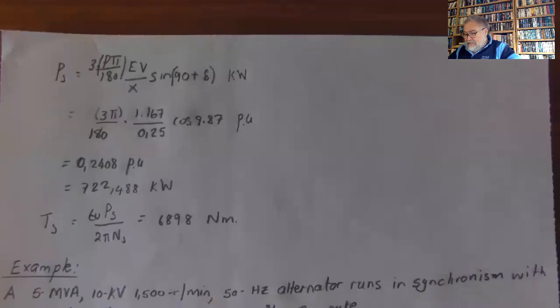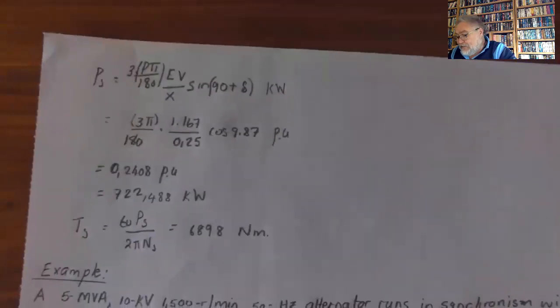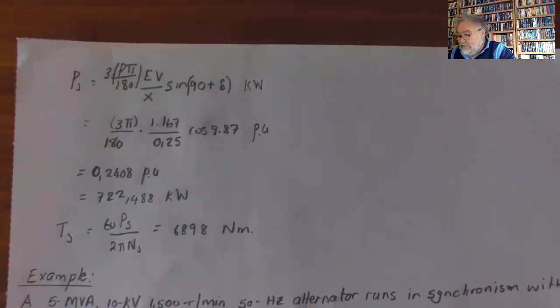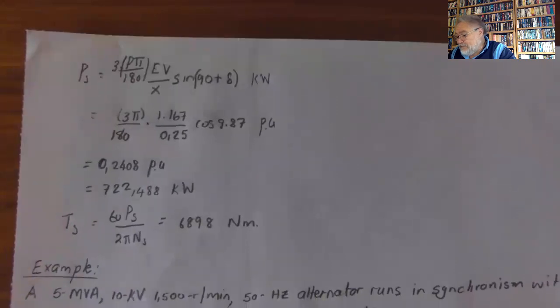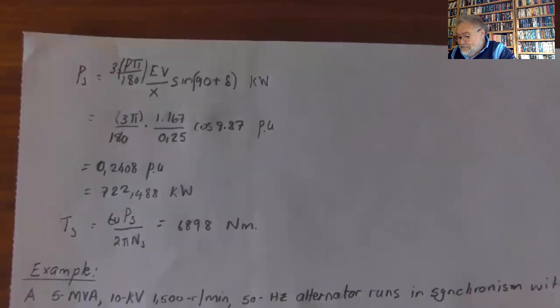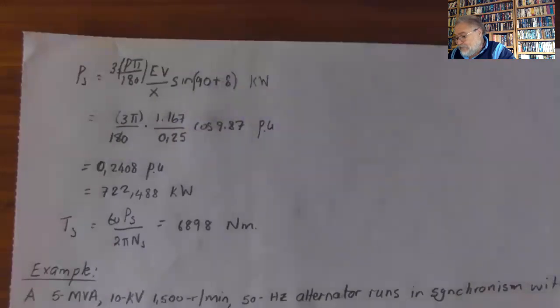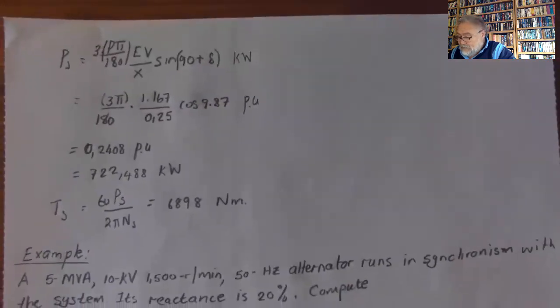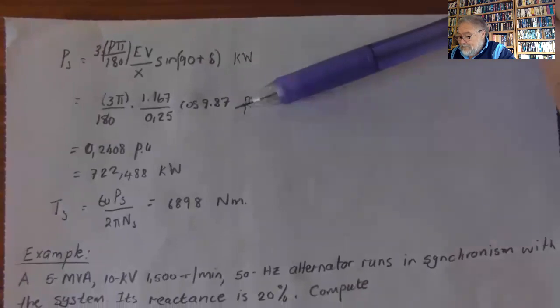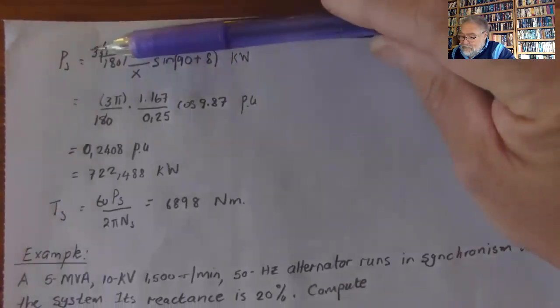So the synchronizing power is 3 P pi over 180 times EV over X sine 90 plus delta. Now that becomes 3 pi over 180 times 1.167 divided by 0.25 cos of 9.87. Now that 3 falls away because we are working in per unit.